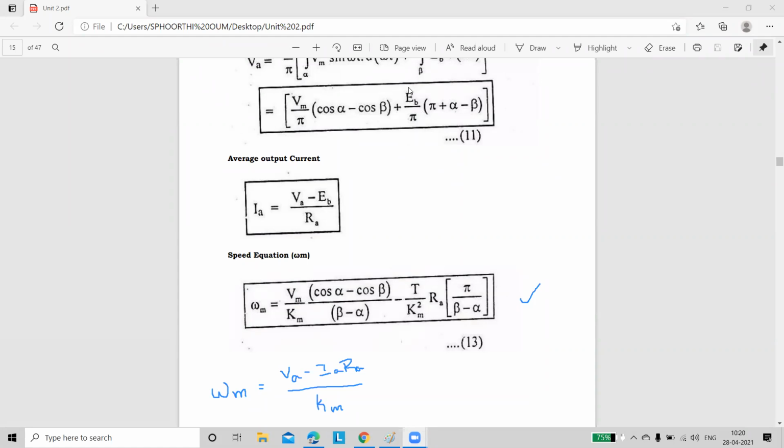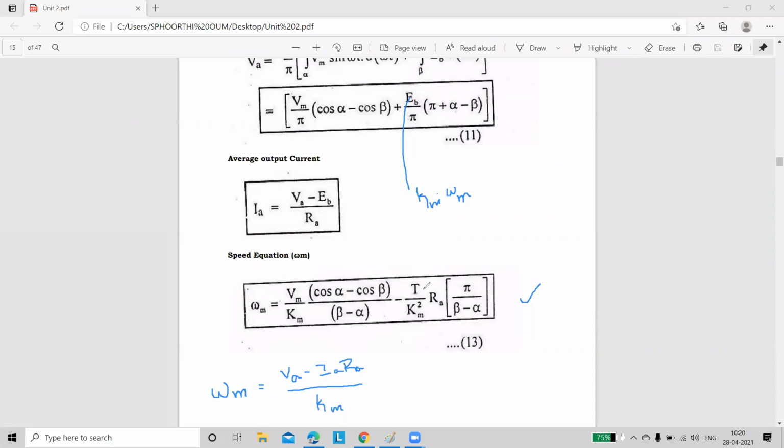Actually, again, you know EB. What is EB? EB is equal to Km into omega m, and minus IA RA. You have to substitute all the formulas. Actually, the IA term is represented with respect to torque.